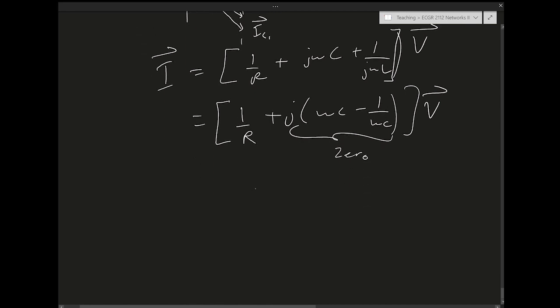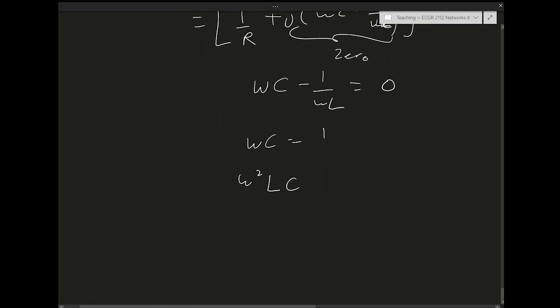I just have to set omega C minus 1 over omega L equal to 0. I solve this equation, and I end up with omega C equals 1 over omega L, omega squared LC equals 1, so omega is going to be 1 over the square root of LC.